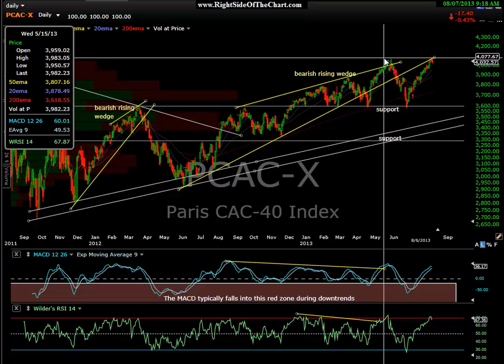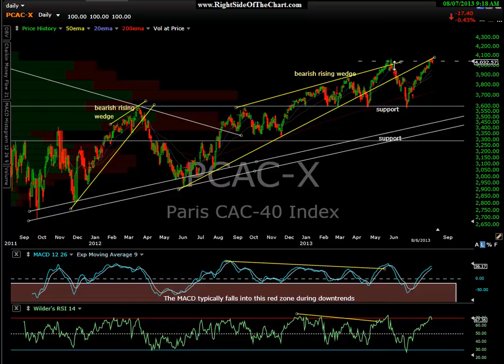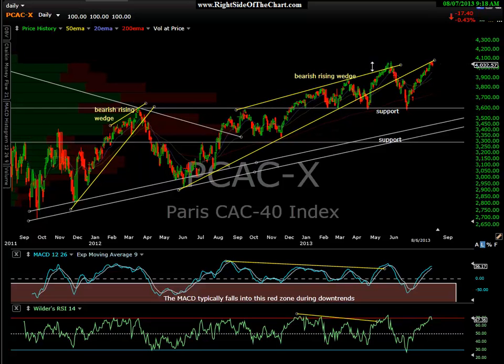So a pretty key make it or break it level for the CAC. It needs to power up and put this level in the rearview mirror. That would be bullish, a move over these highs. And if not, we're more than likely going to come back down and revisit at least this support level, maybe some of these longer term uptrend lines as well.